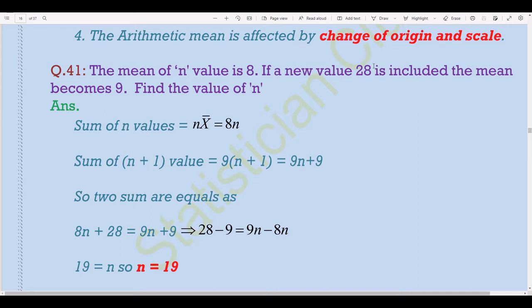We find n. So the two sums are equal: 8n plus 28 equals 9n plus 9.